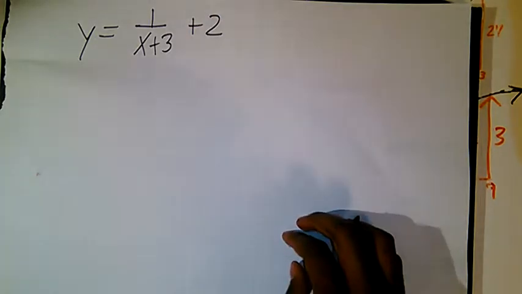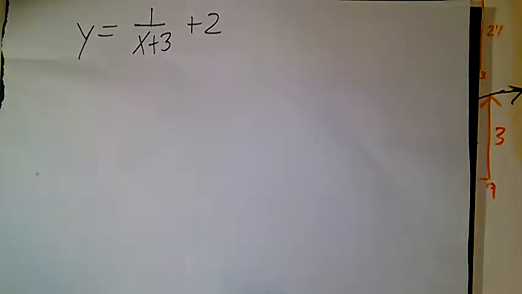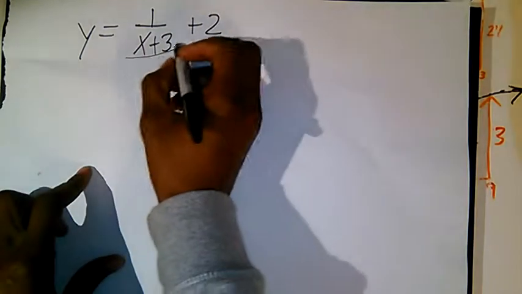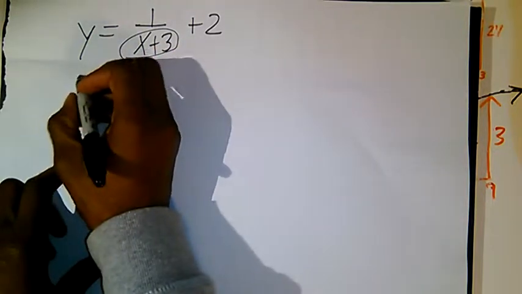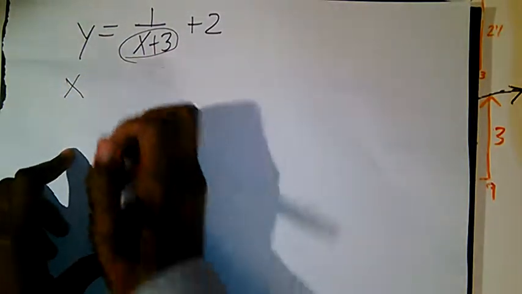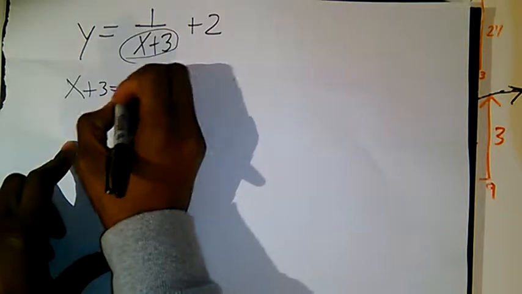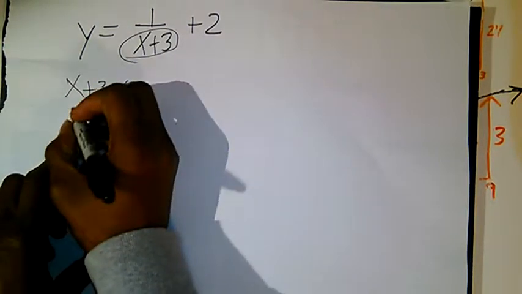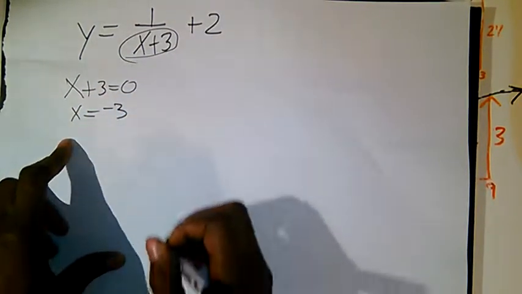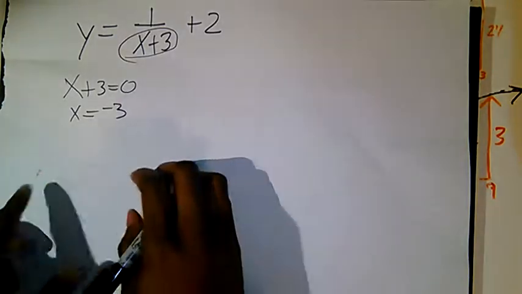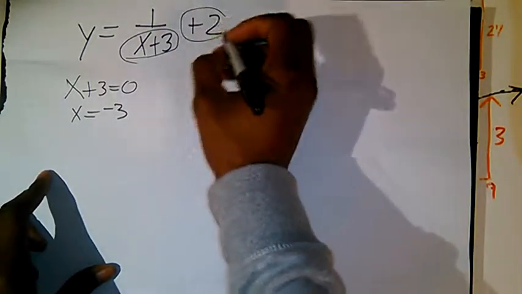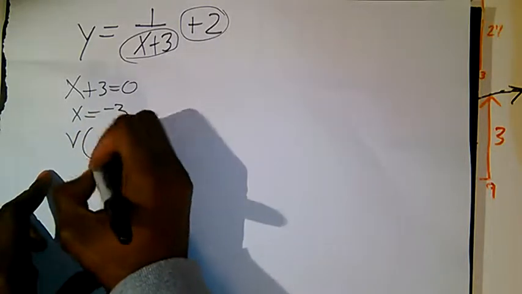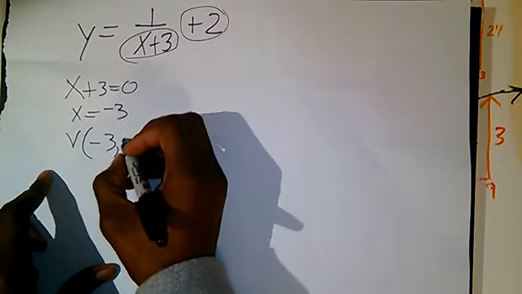We do the same thing here. Going to take this out, set it equal to 0. Solve for x. x will be equal to -3. And y looks right here. So our vertex is -3 and 2.